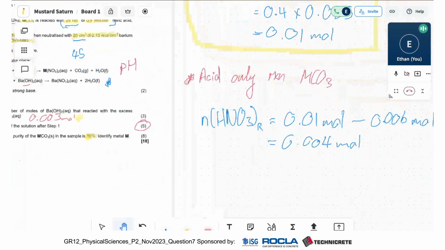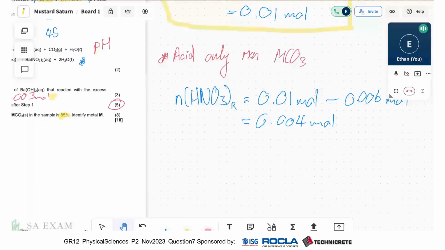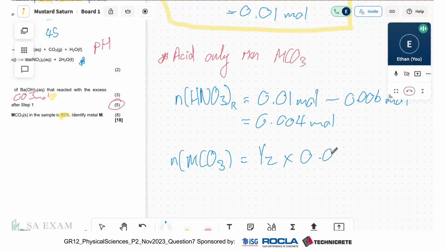So that basically means that the moles of metal carbonate is equal to half the moles of reacted acid. So we're just going to divide this by 2, multiply by a half, and of course we're going to get this. Okay.